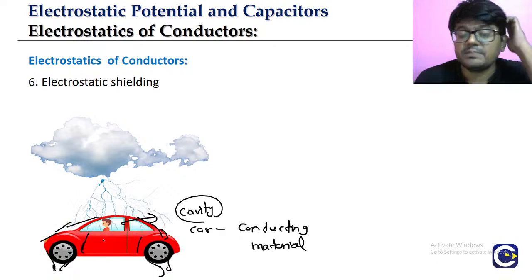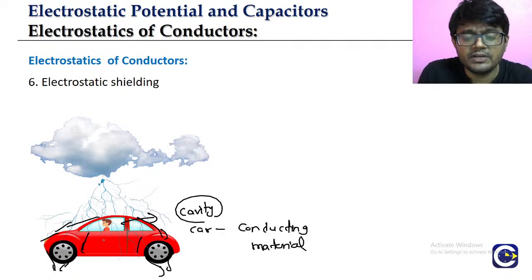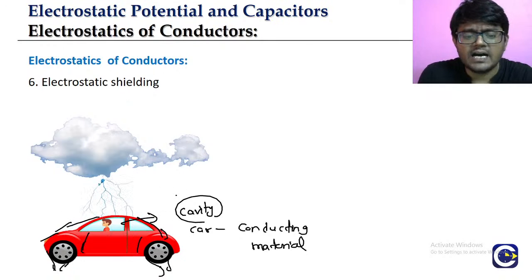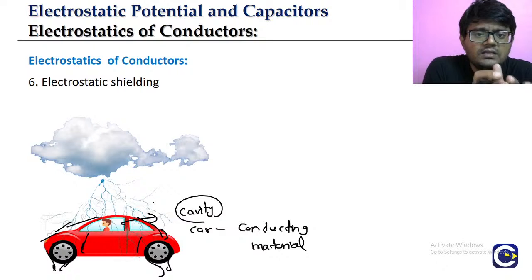So that is the reason why people say that you go into a shelter. Whenever rain is happening, you go into shelter, because there is a chance that we will get protected because of that electrostatic shielding. Typically, anything like a car can be seen like a cavity.